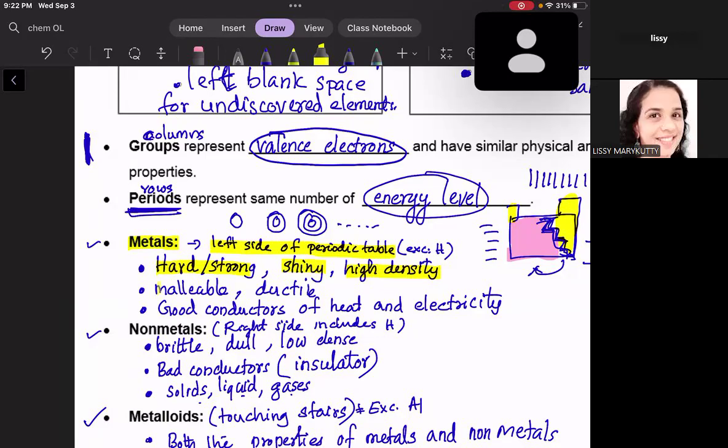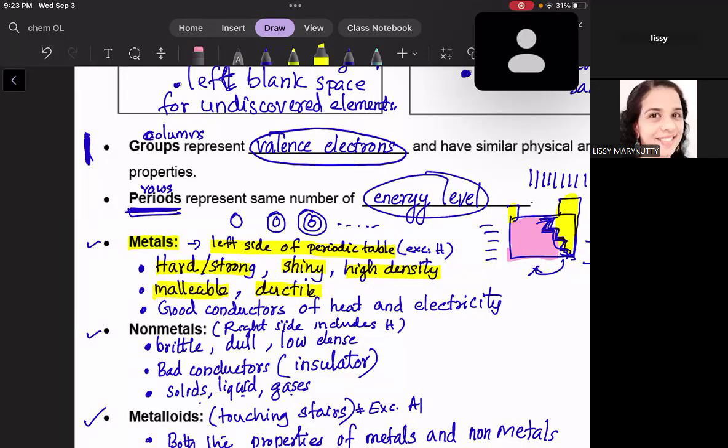Next property, they are malleable. Malleable means if we beat a metal, we can make a thin sheet out of it. That's how we make aluminum foil and gold foil. They are also ductile. Ductile means if you stretch a metal, we can draw it into thin wires.